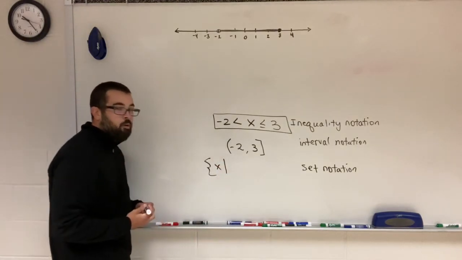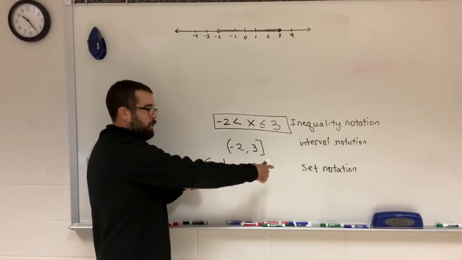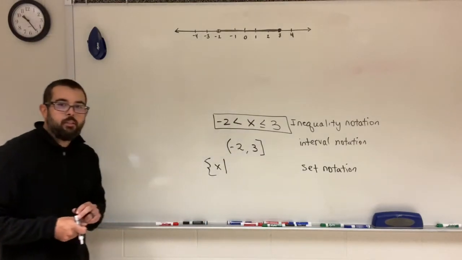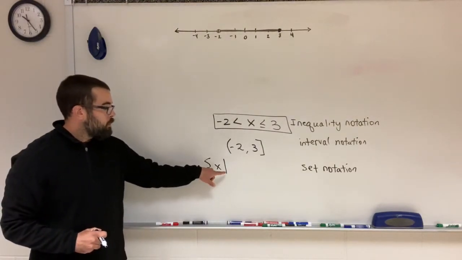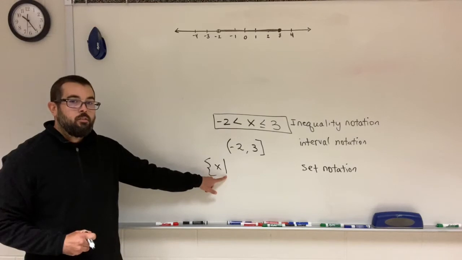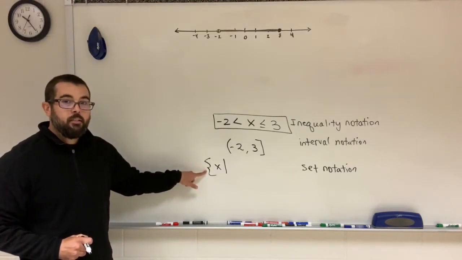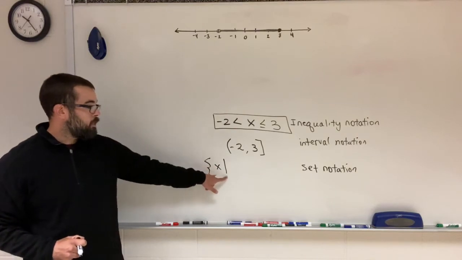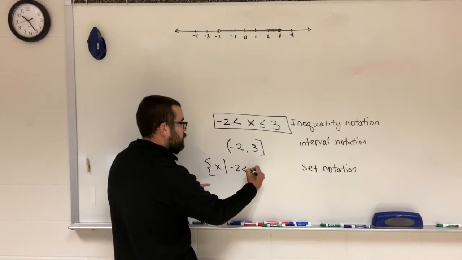You put a vertical bar. That vertical bar, once I write this full statement out, I'll write the words that goes with set notation so you understand what the vertical bar means. But the vertical bar is such that. So the way you read this so far is, it's the set, the curly brackets tell me set, of all x's such that, and then you just put in your inequality notation.